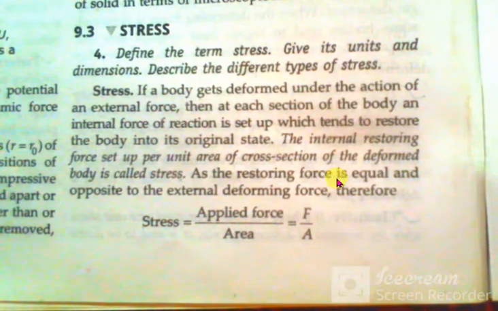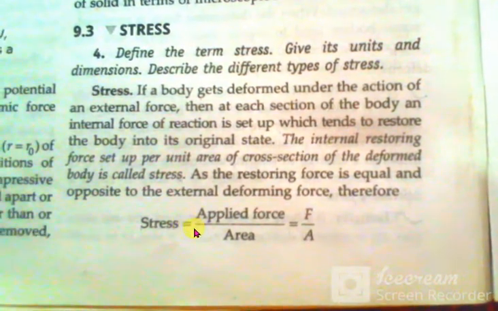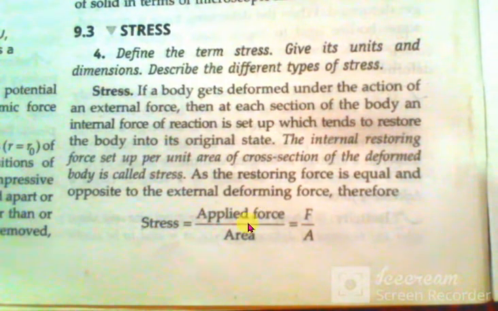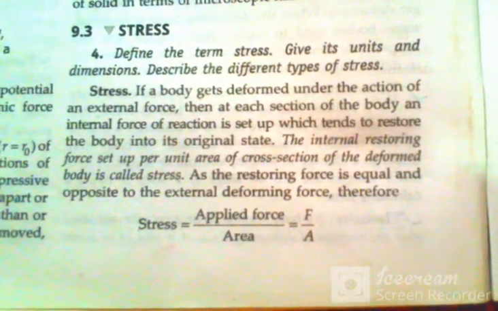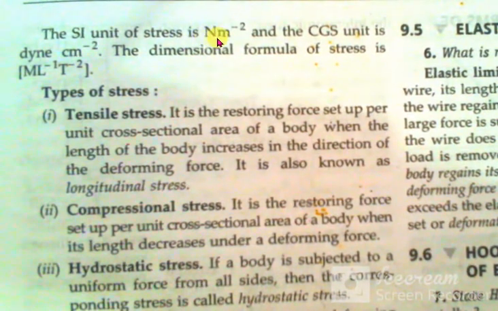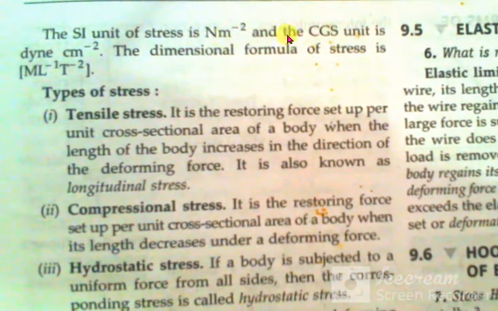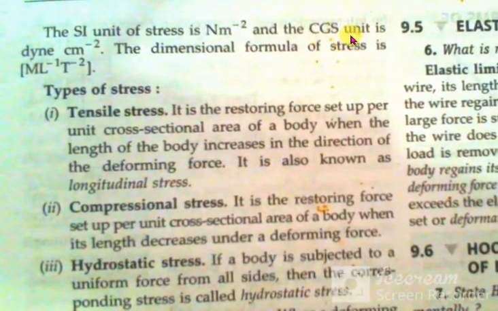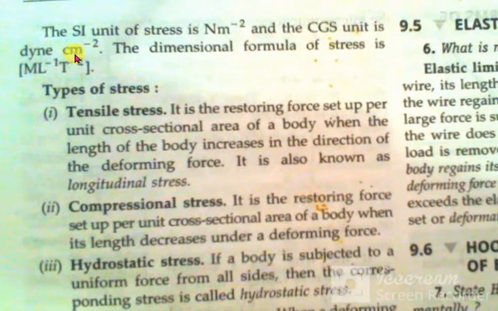As the restoring force is equal and opposite to the external deforming force, stress equals applied force divided by area, F by A. The SI unit of stress is newton per meter square and the CGS unit is dyne per centimeter square.